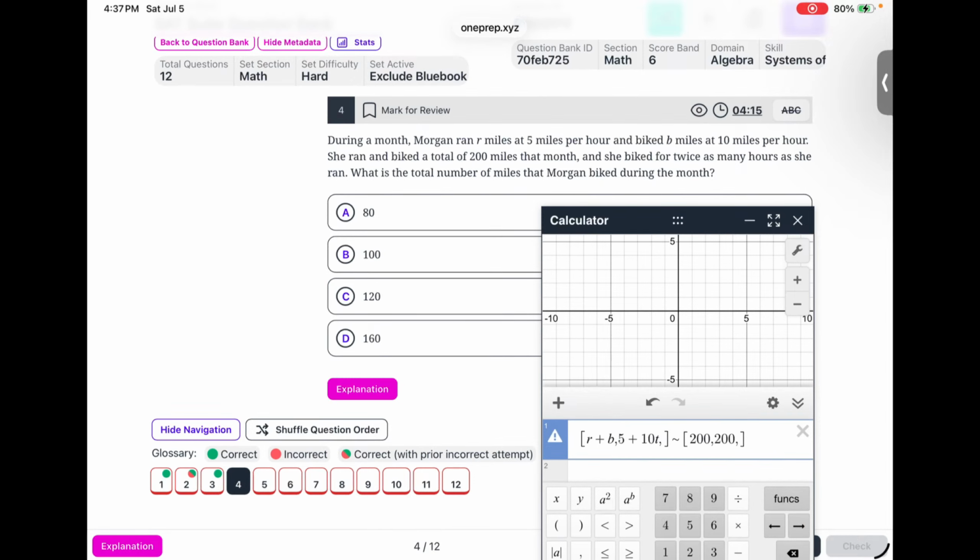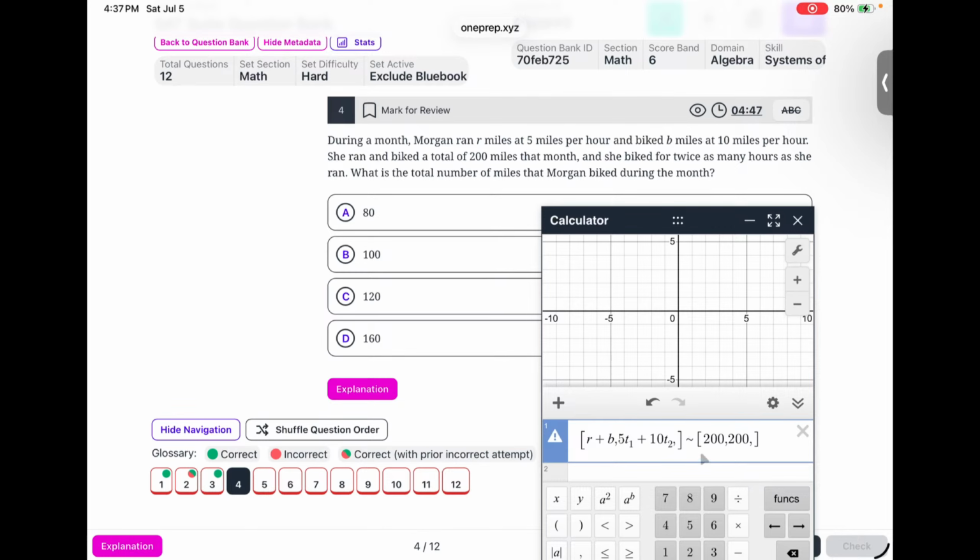No, that's not working either. Fine. T1, T2. So 5T1 plus 10T2. So 2 is the number of miles biked. And T is the amount of hours biked and ran.